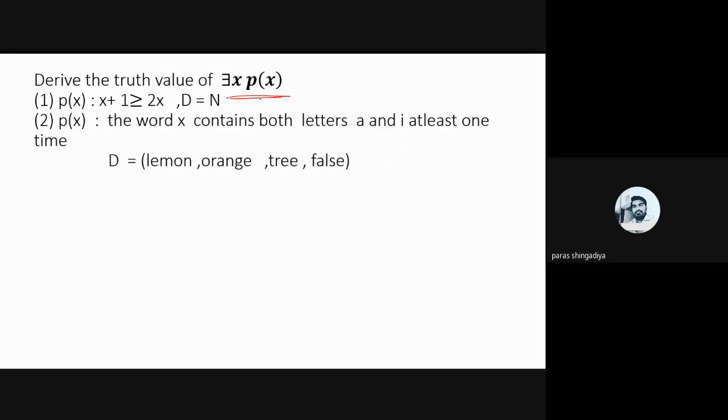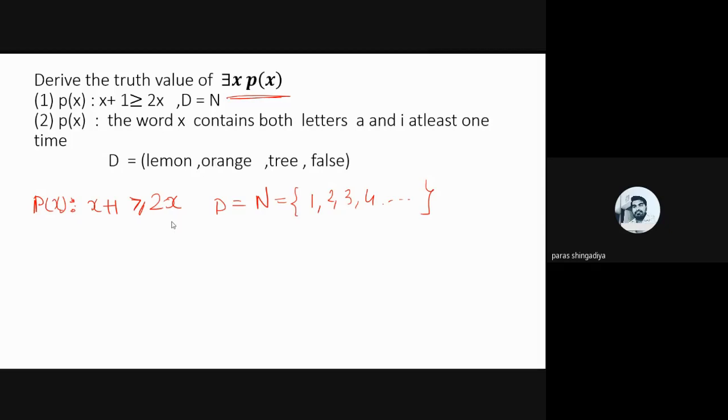Derive the truth value of there exists x P(x). P(x) is x plus 1 greater than or equal to 2x, and the domain is D equal to the natural numbers: 1, 2, 3, 4 up to infinity.